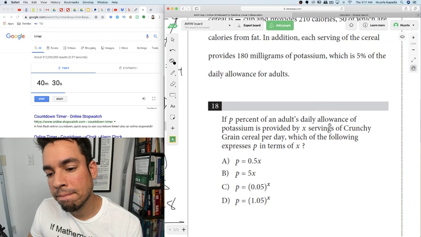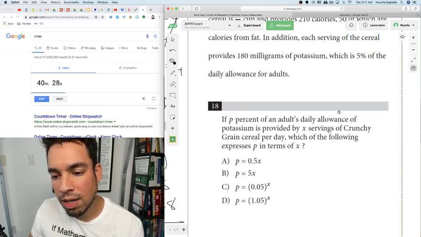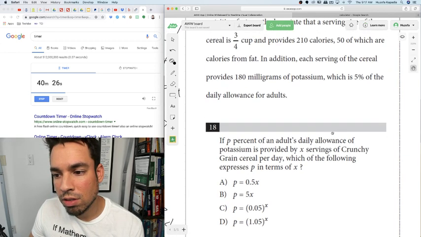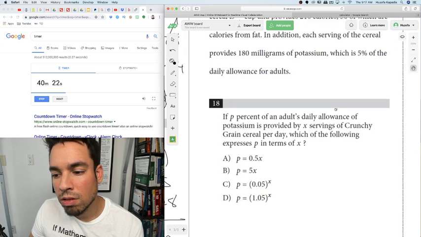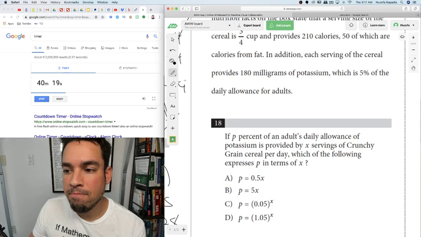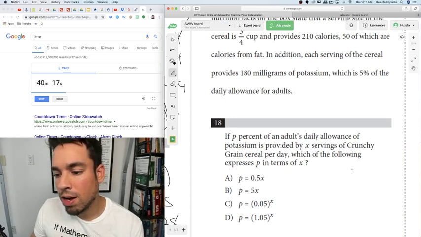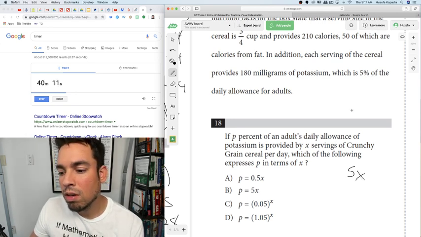Hold on. If P% of an adult's daily allowance, okay. So check it out. 5 times the number of servings, because 5% of potassium for each serving.